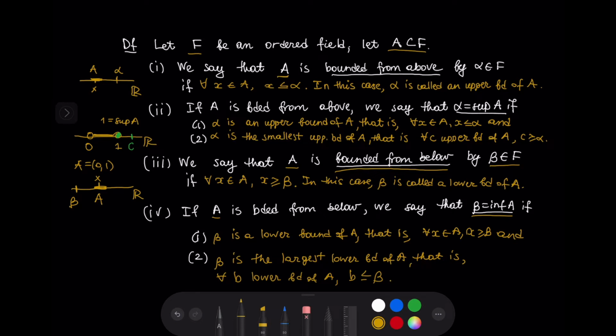So any other lower bound of A is going to be smaller than or equal to beta.